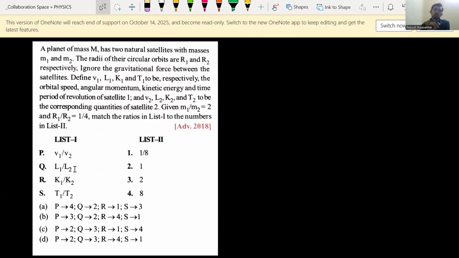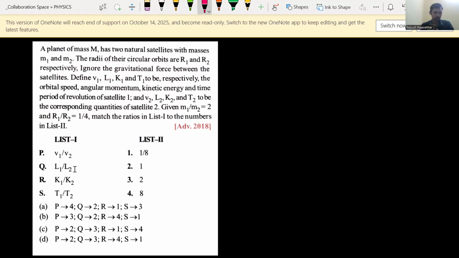If you see the last 4-5 papers, every year in Advanced, paper 1 and paper 2, both papers, we can expect one question from units and measurements. That too MCQ type they are asking. Mostly MCQ they will ask. If not MCQ, then vernier calipers and screw gauge models they are asking mostly, right?